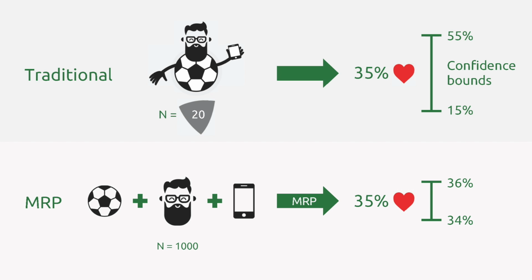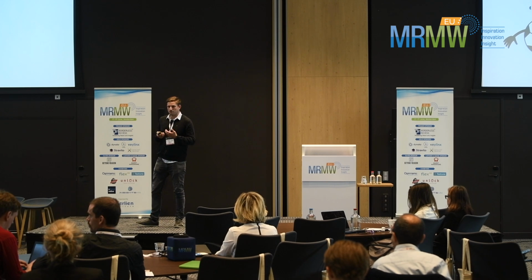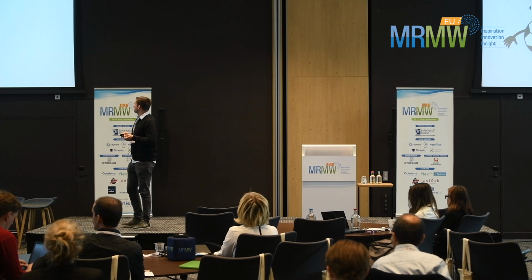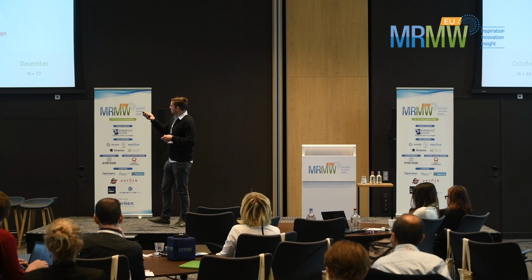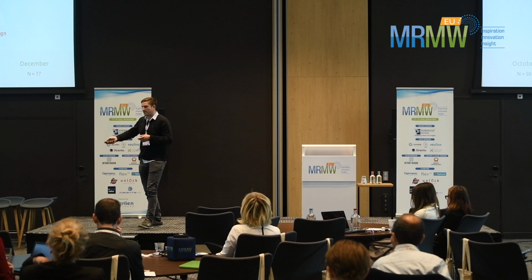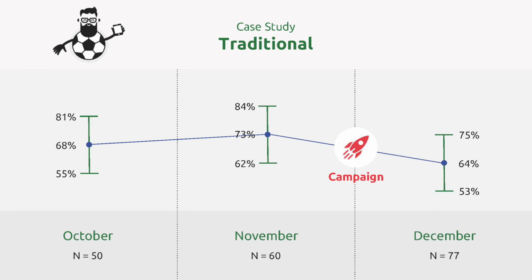I'll give one case study to show how this looks in practice, based on a study we did in Germany on brand awareness of Heineken. We did 1,000 interviews per month over 3 months to estimate if there were any changes. If you do that the traditional way and look at soccer-playing millennials, we had 50 people in our sample in October, 60 in November, 77 in December.